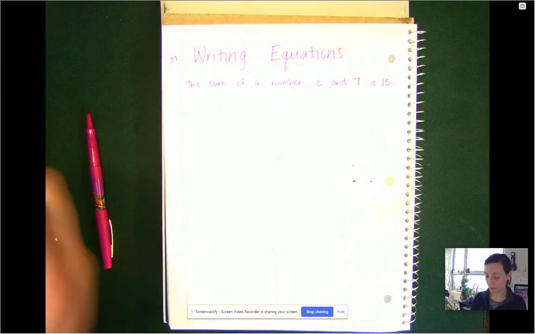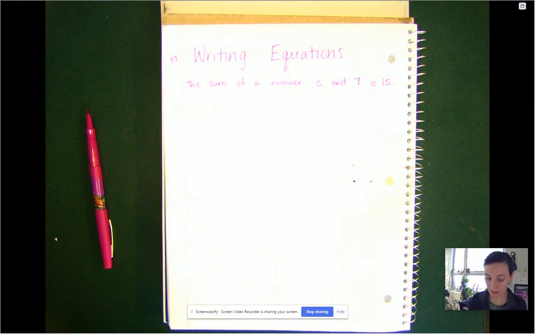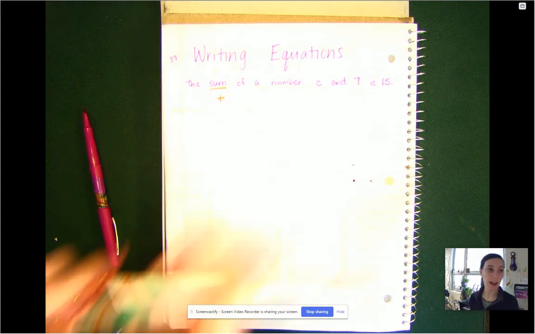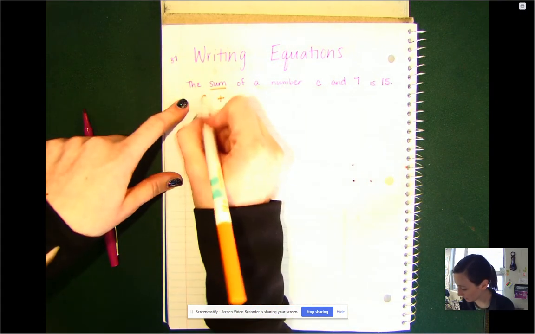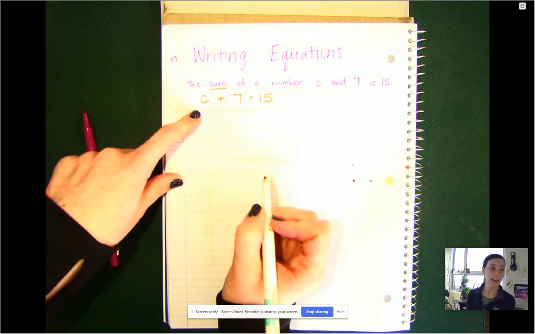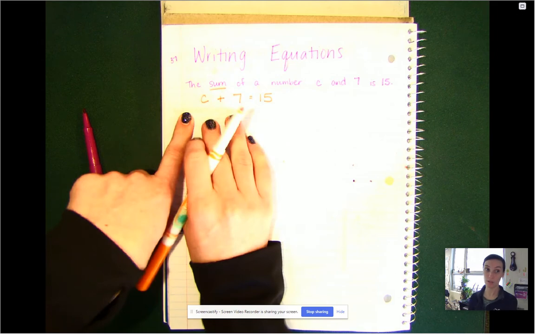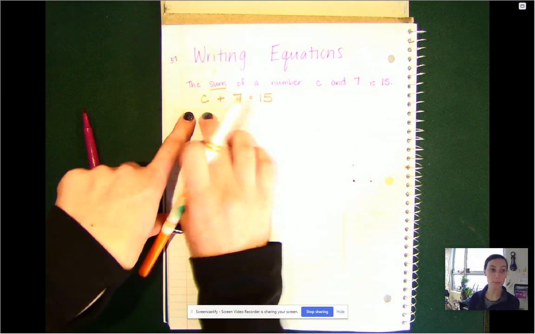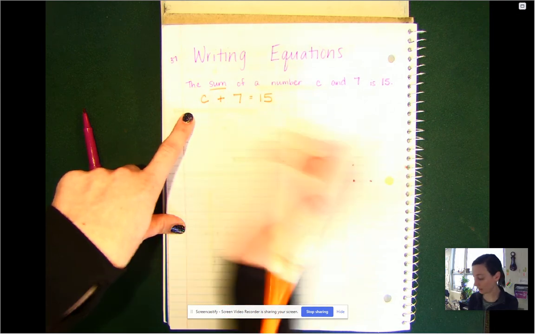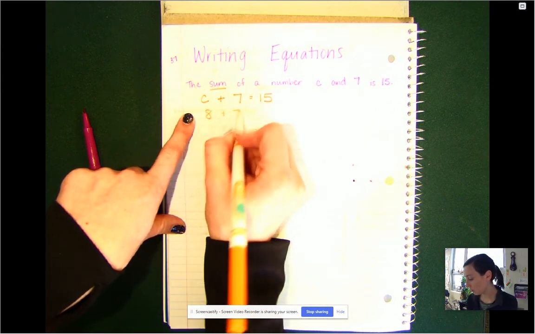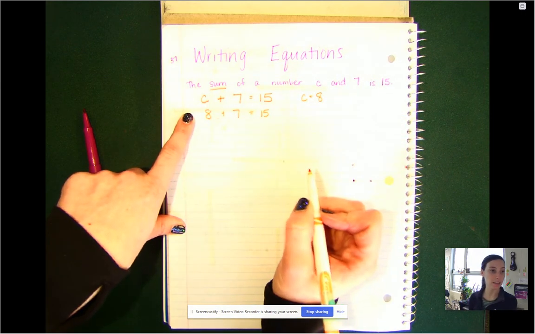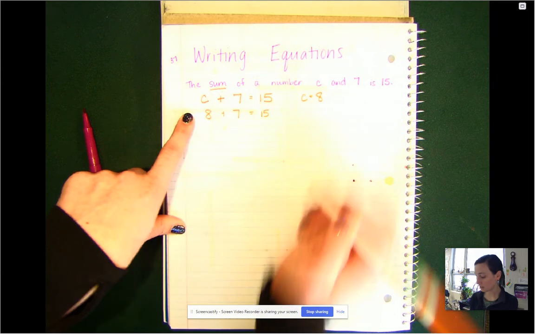Sum tells us that this is an addition problem, and we're adding C and 7 equals 15. Now this is something we can solve, and you might already know this. What plus 7 would equal 15? That would be 8 plus 7 equals 15. So we say C is equal to 8. C is the same thing as 8.